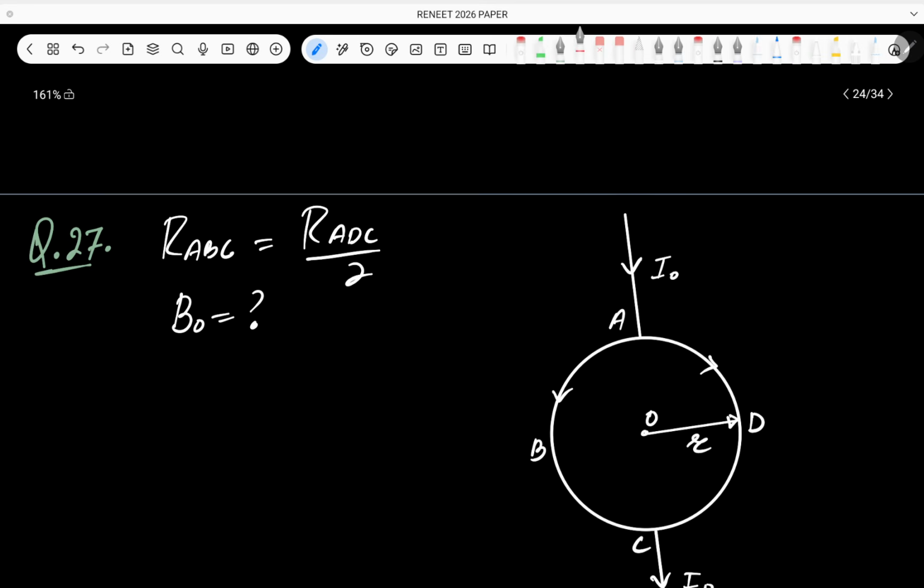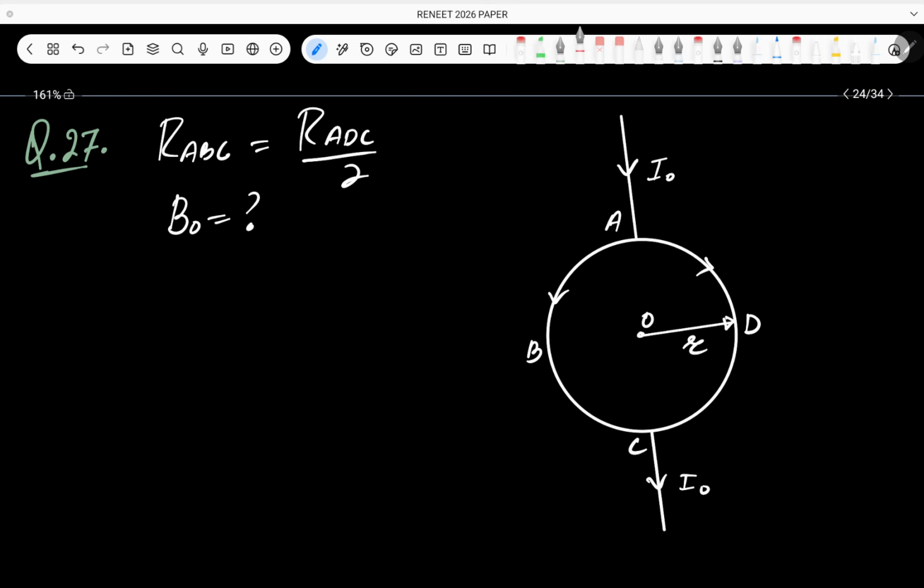Okay, let's move ahead. Look at this, beta. So another question here. This question is from magnetism. Now what is the question exactly? Current I naught is entering into this loop, and I naught is again leaving the loop.